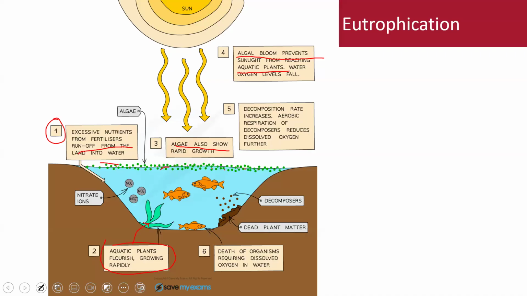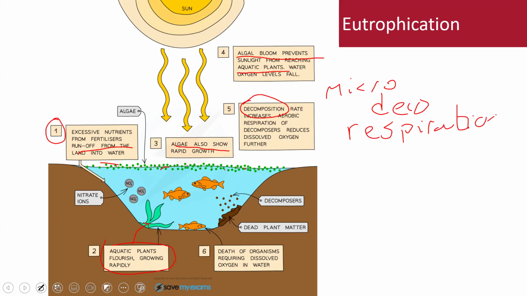Once the plants underneath the surface die, they start to decompose. It is microorganisms that cause the decomposition, and they do that via respiration. So the aquatic plants have died and start to rot, which means they're not putting oxygen back into the water.